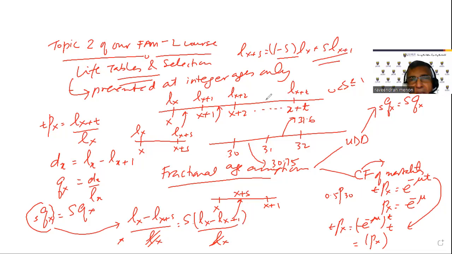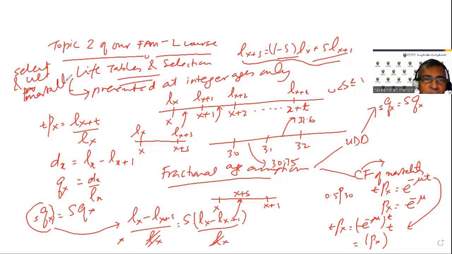Now, the point I'm trying to make is that this allows us to do linear interpolation when we use the uniform distribution of deaths assumption, and get through quite a few of those things. Besides that, we'll also be learning about select and ultimate mortalities.